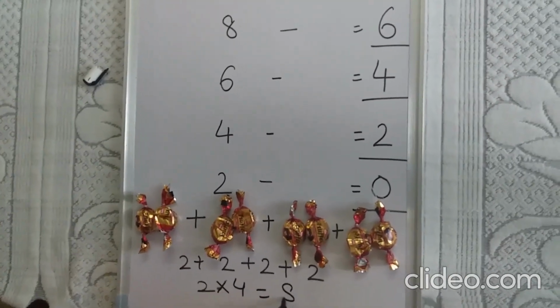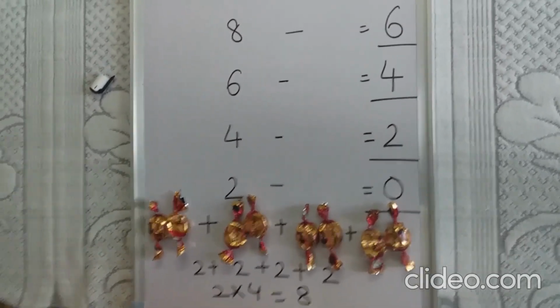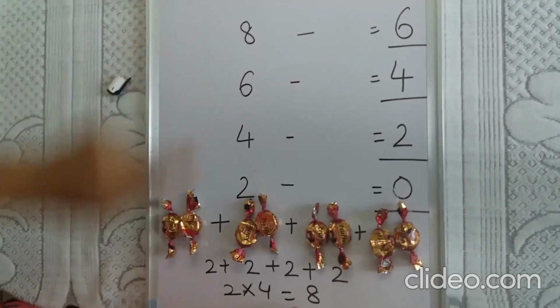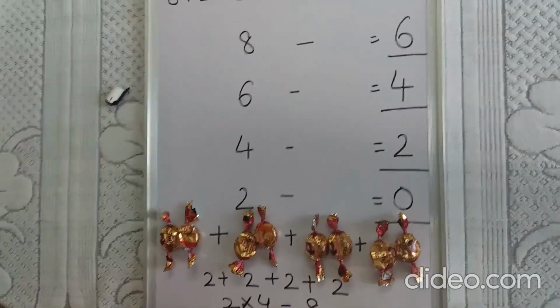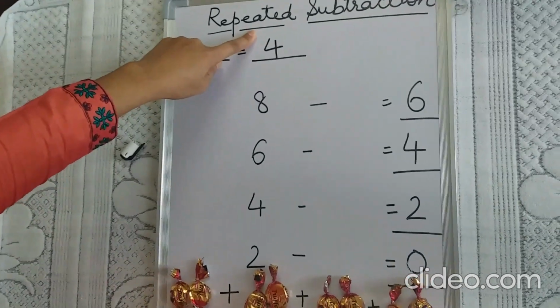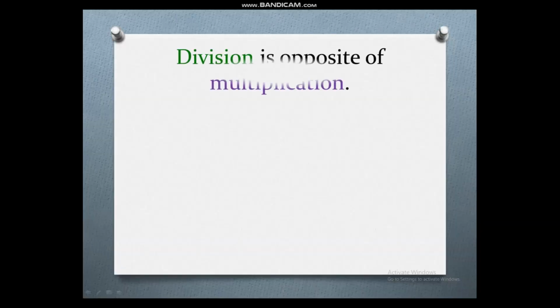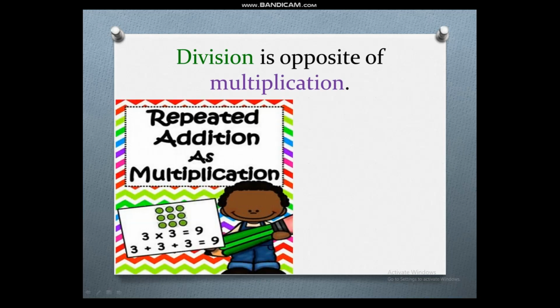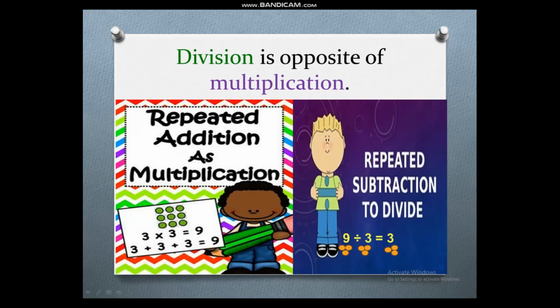This is 8. And as we did that, if multiplication is repeated addition, the division is repeated subtraction. We just did that division is opposite of multiplication. If we are using repeated addition as multiplication, we can use repeated subtraction to divide the numbers.